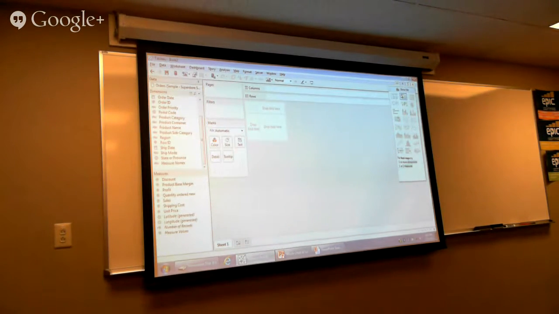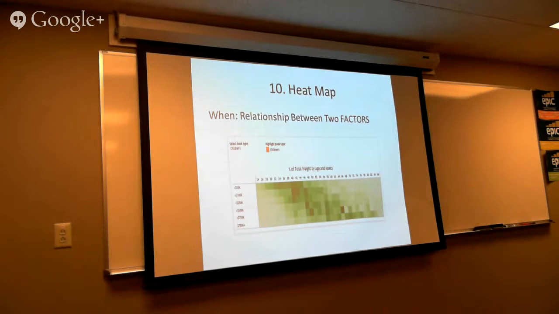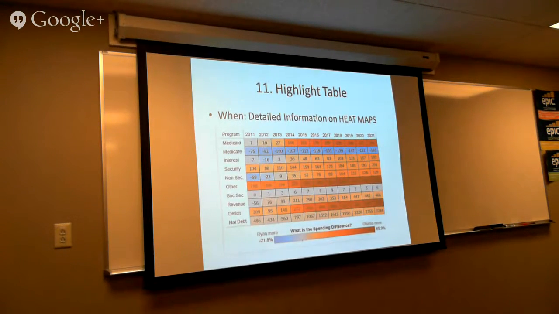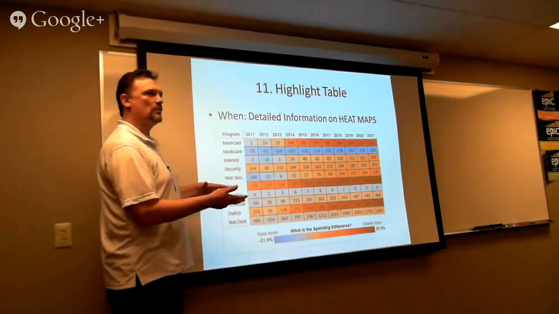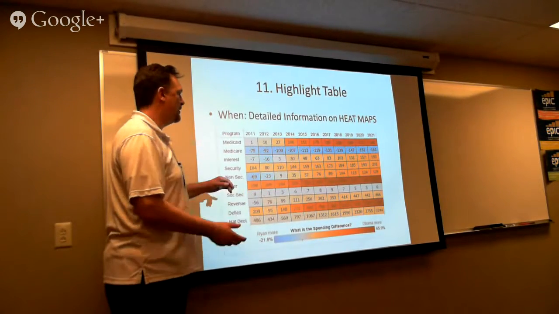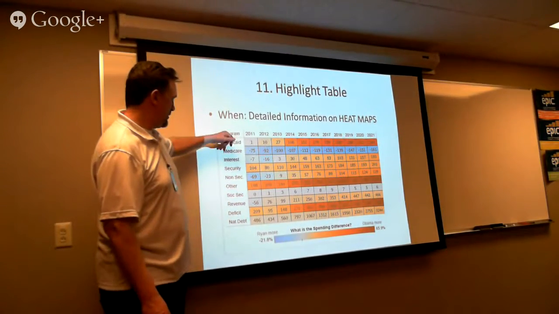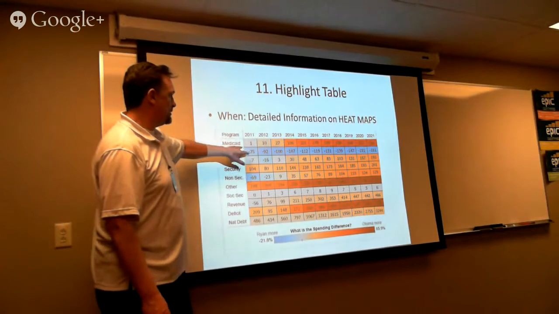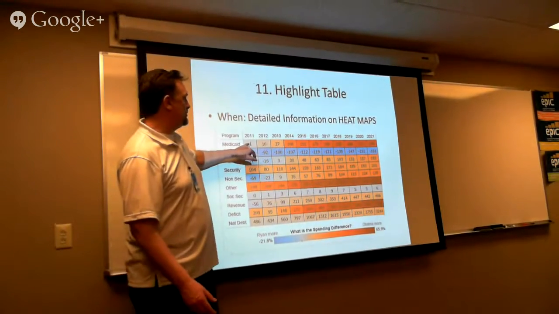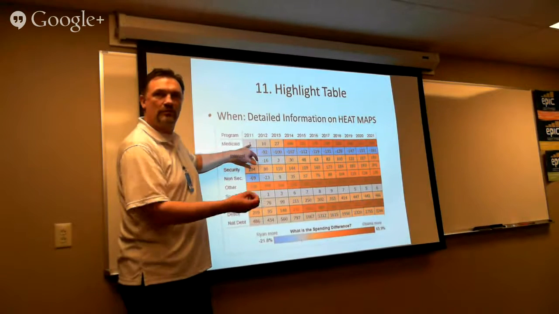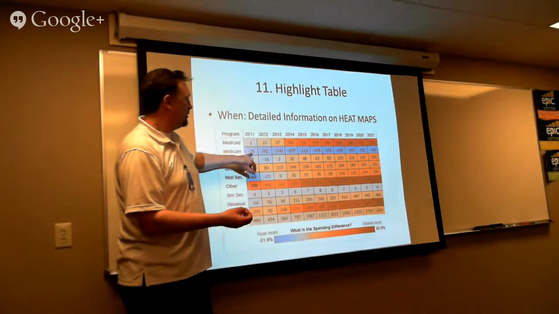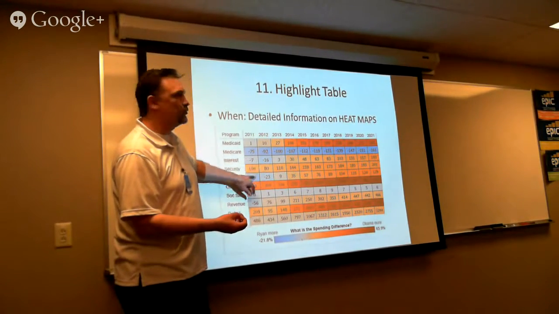Now one way to add more information to that is the next one, what they call a highlight table. It's in the same flavor. But here what they've done is you have the same color coding to the values, but there is also some kind of numeric.